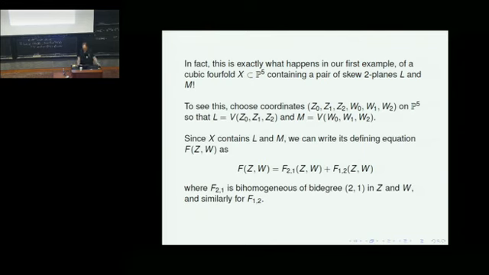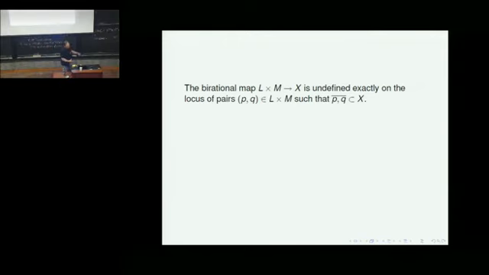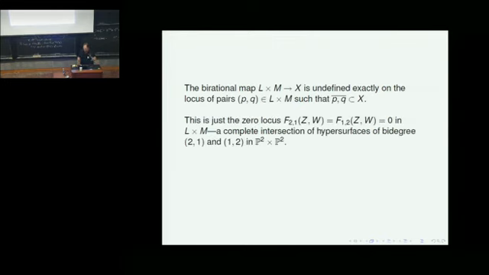And having written it in that way, the locus that we're collapsing when we go back from X to P^2 cross P^2 is exactly the locus of lines on X meeting L and M, or equivalently pairs of points in L cross M such that the line they span lies in X, and that is just the common zero locus of those 2 hypersurfaces in P^2 cross P^2.